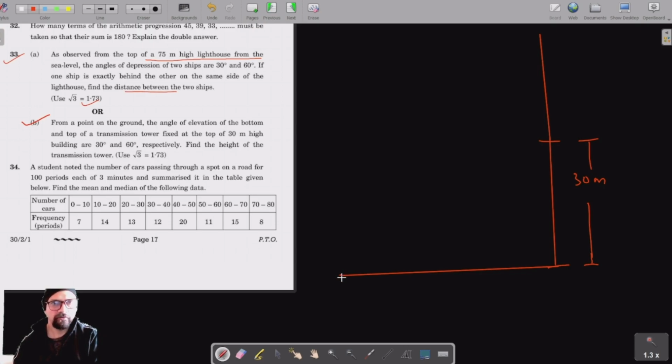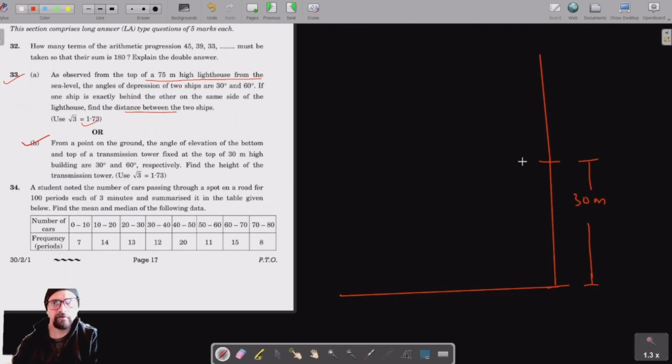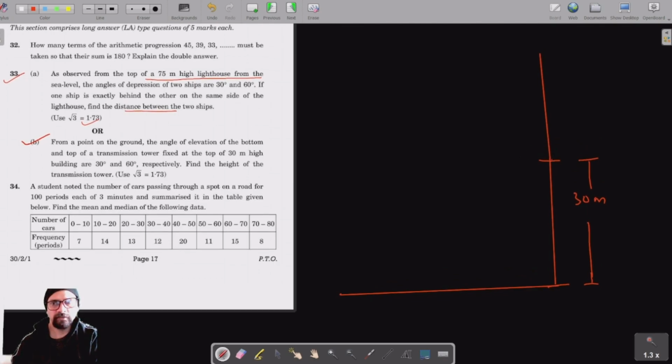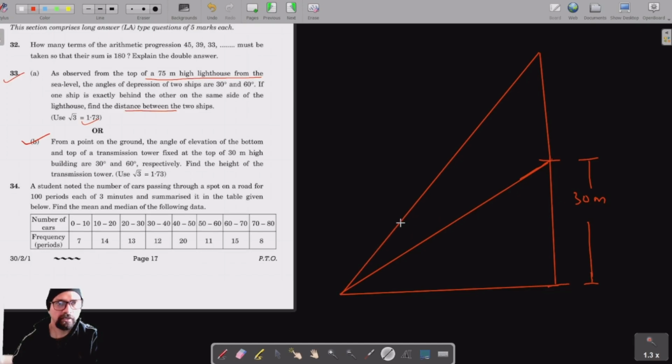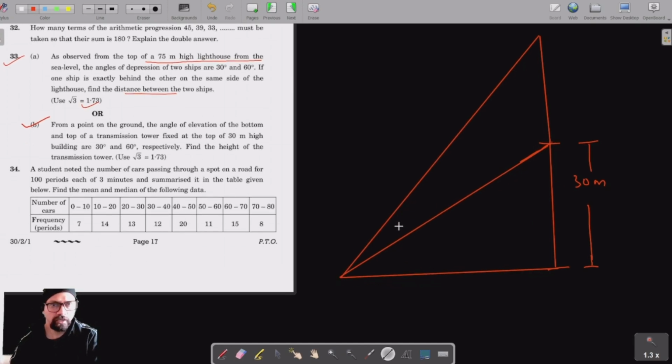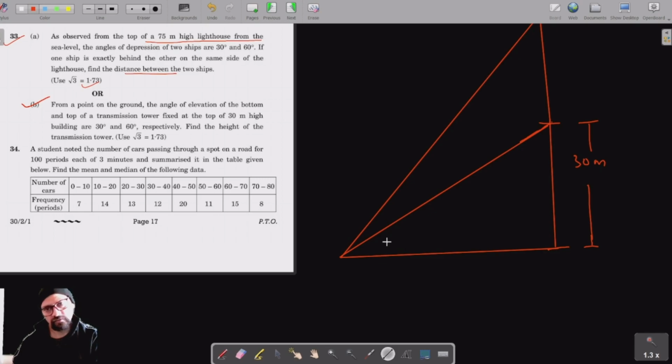On top of that, we have fixed a transmission tower, and it's given that from a point on the ground. So let's say this is a horizontal ground, and there's a point on the ground. From here, the angle of elevation of the bottom and top. So the bottom of the tower is here. From the bottom there's the angle of elevation, and from the top we have the angle of elevation at the ground, and these angles of elevation are 30 and 60 degrees.